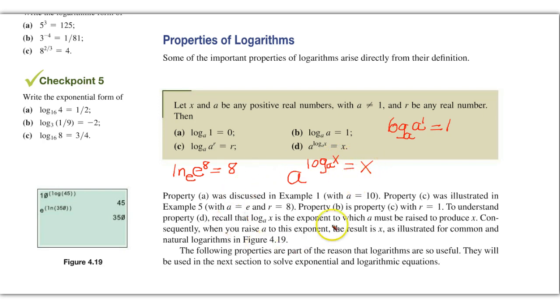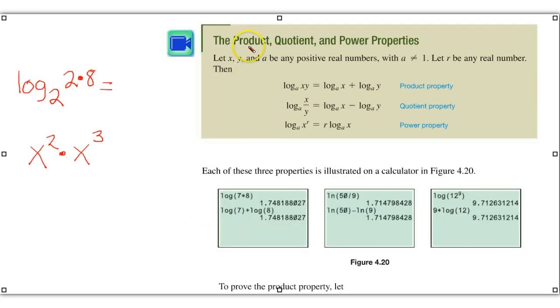So these are some properties, some are by definition, and we'll get to use them. Now we're going to look at some of the rules that govern the product, that's multiplication, the quotient, that's division, and then the power properties of logarithms.